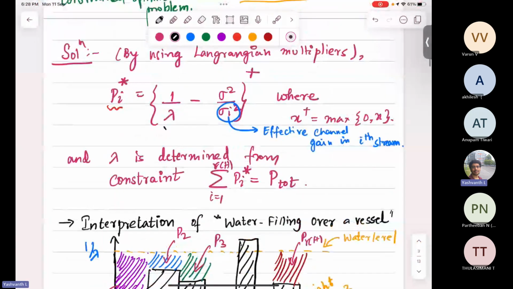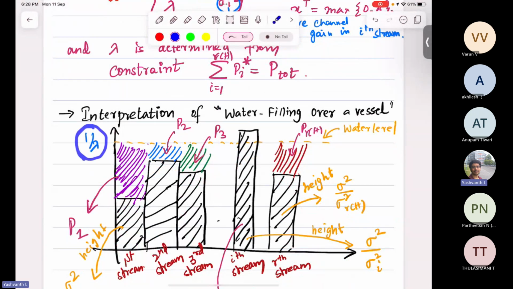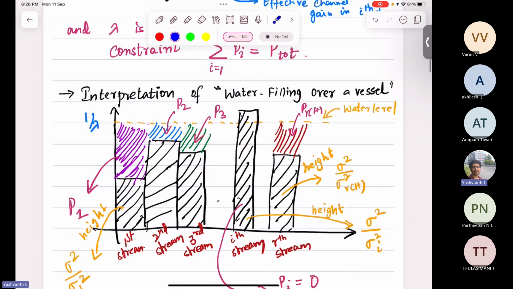This particular value is 1 by lambda, the top power level, the top water level. The water that is standing on top of the first bar is the power allotted to the first stream.